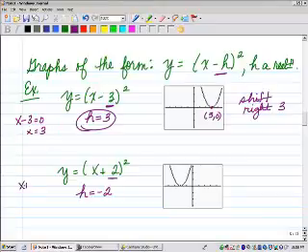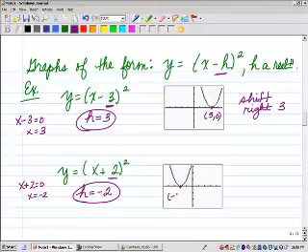So if I said x plus 2 equal to 0, x is negative 2. Okay. Well, I've already graphed this on the calculator and captured the screen, but notice here our vertex is negative 2, 0. So this time that interchange shifts the graph left and right.